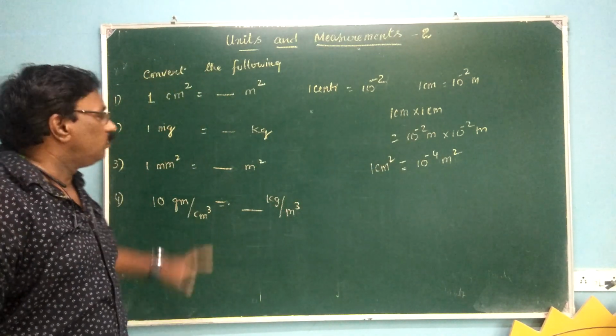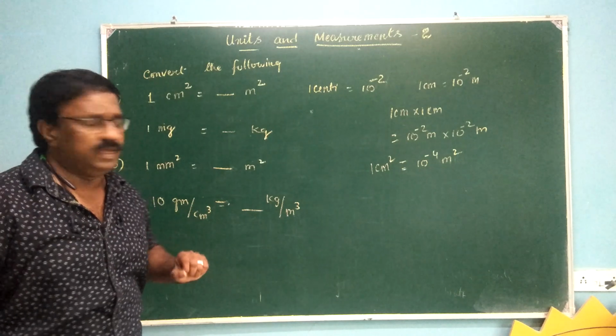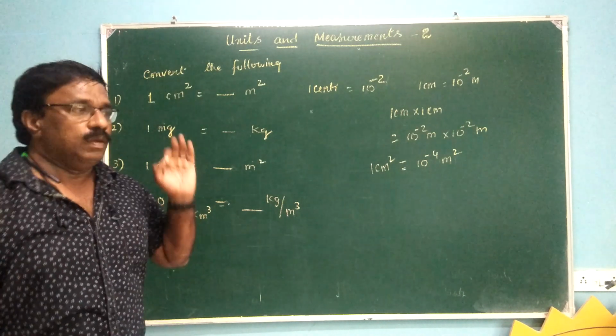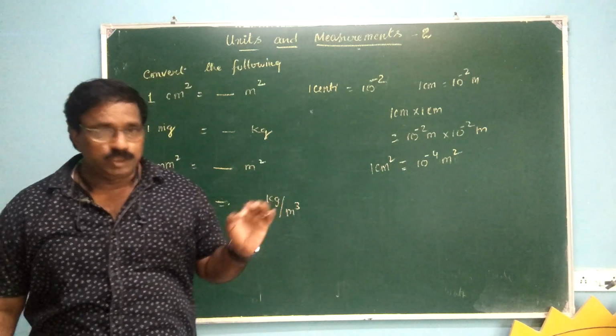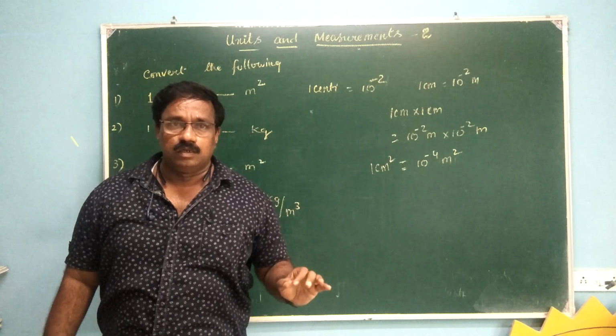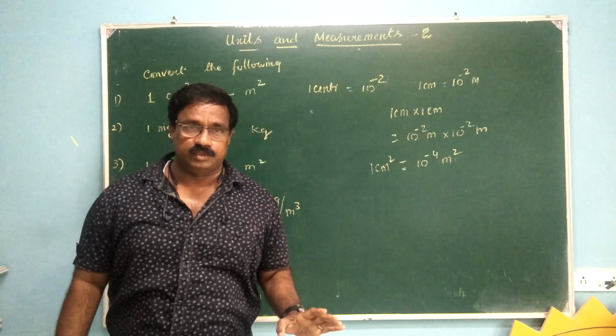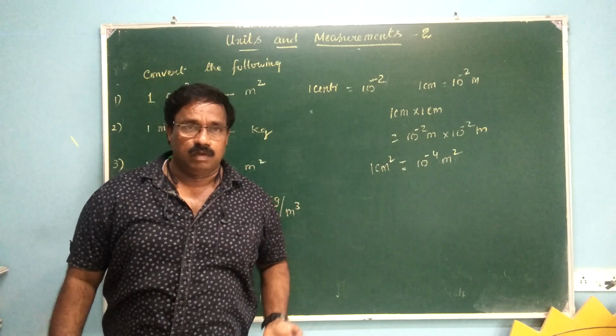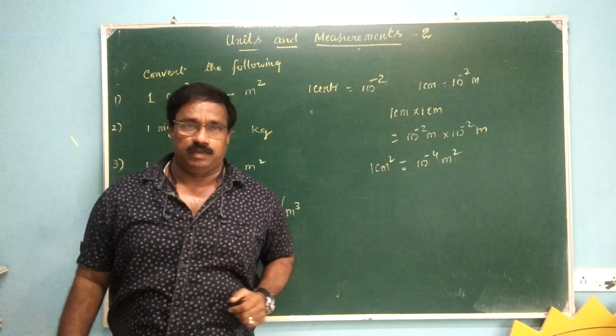Easy only. If you know submultiples and multiples properly, it is easy for us to convert. And always, repeating once again, before starting the numerical, make sure that every physical quantity we are going to use is of the same system of units. All CGS or all MKS or all FPS or all SI. One in CGS, one in SI is not acceptable.